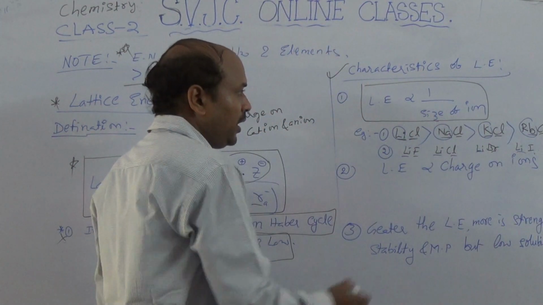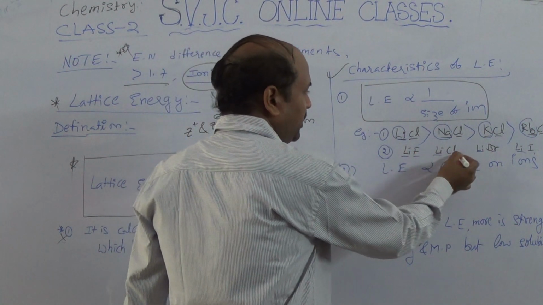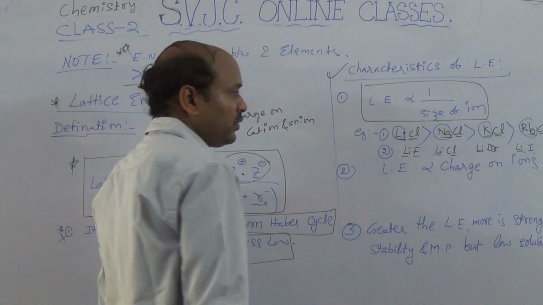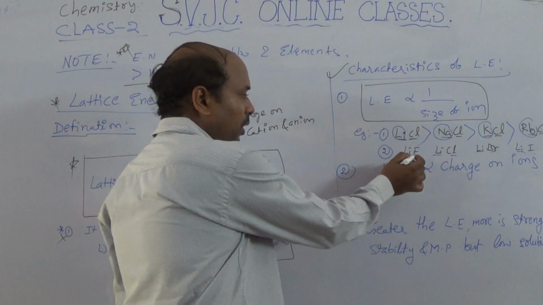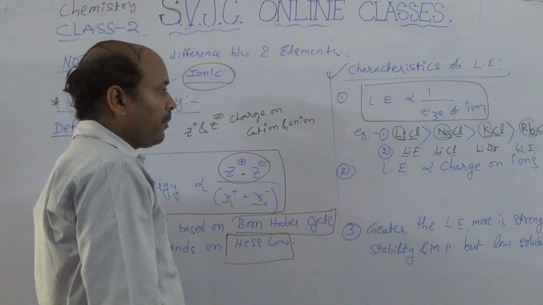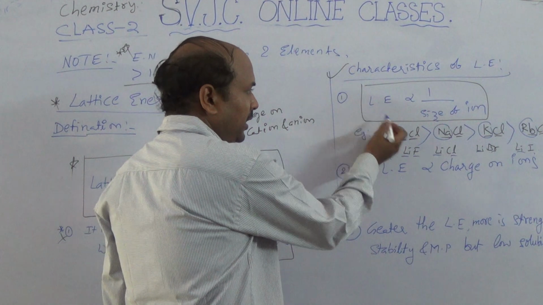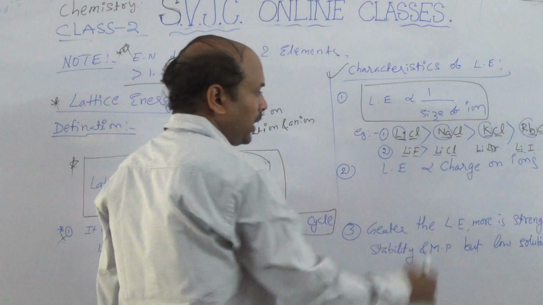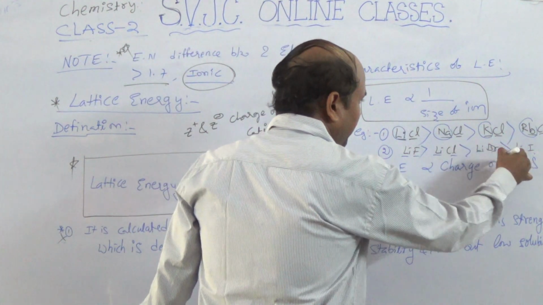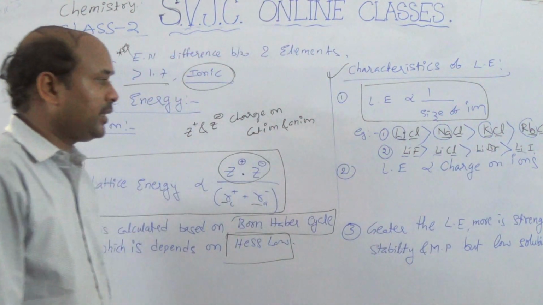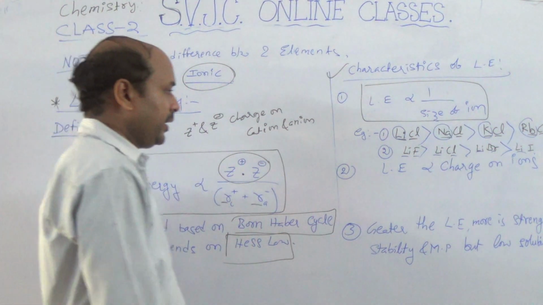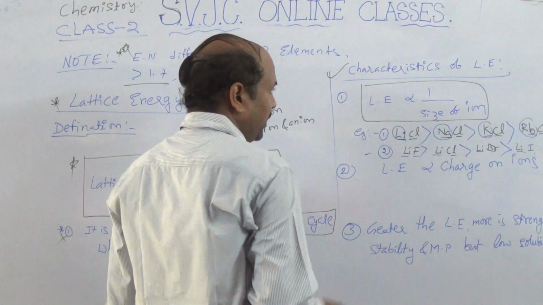Which one is the smaller anion? Which one is the bigger anion? The smaller anion is fluorine and the bigger anion is iodine. So based on this condition, lithium fluoride has more lattice energy. The order is: lithium fluoride greater than lithium chloride greater than lithium bromide greater than lithium iodide. So this is a very important condition.